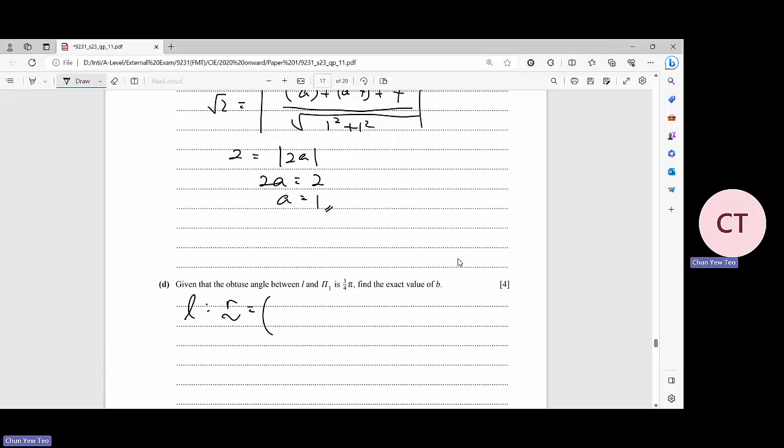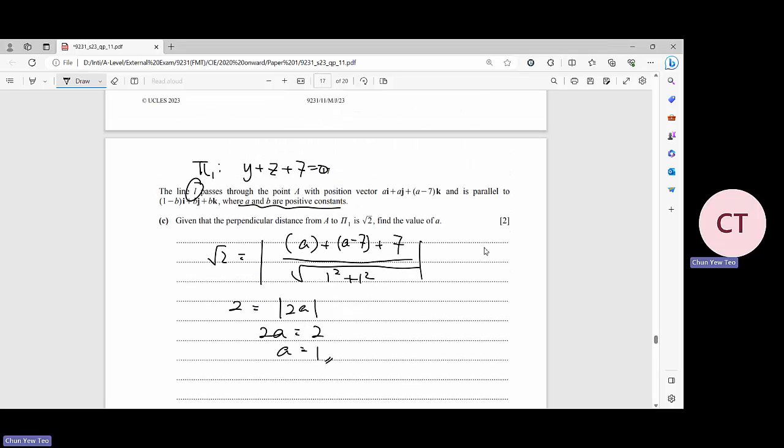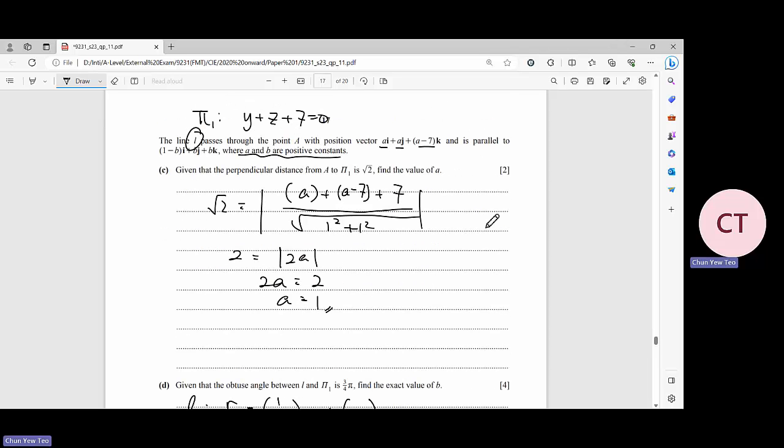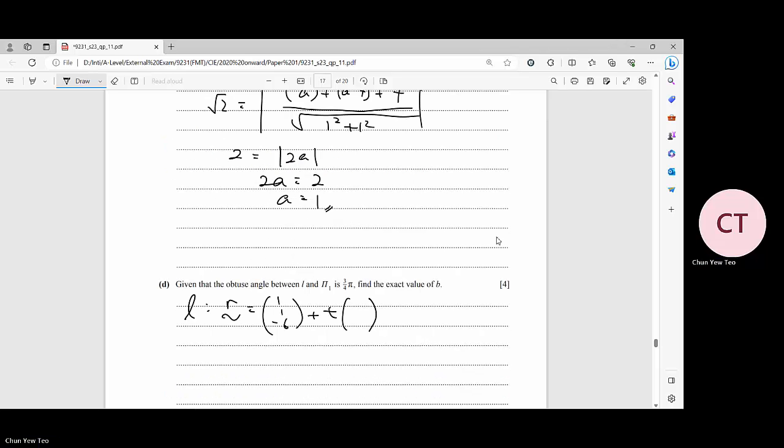Since I know a is 1, this one will be 1, 1, and minus 6, plus the directional vector. The directional vector will be 1 minus b, b, b. Okay, this is what I have.